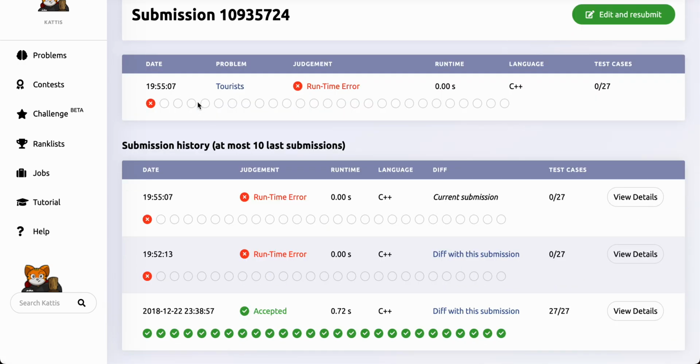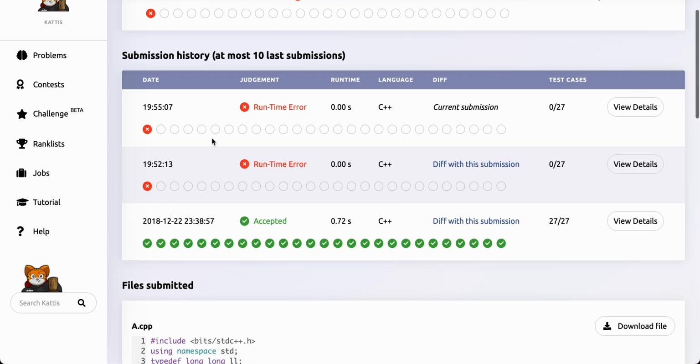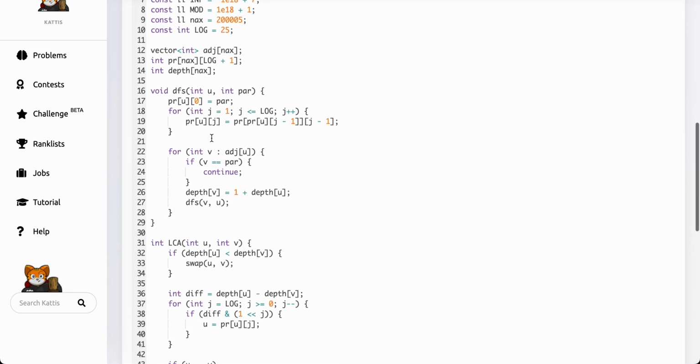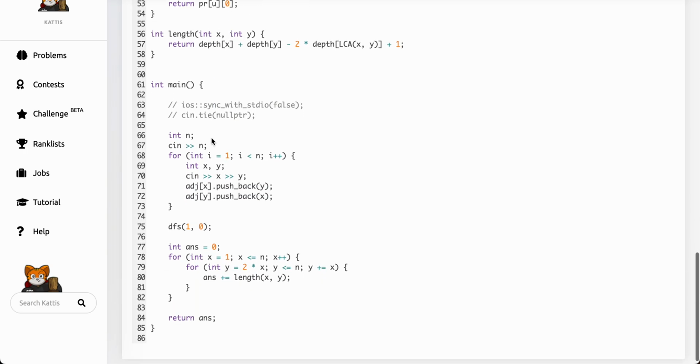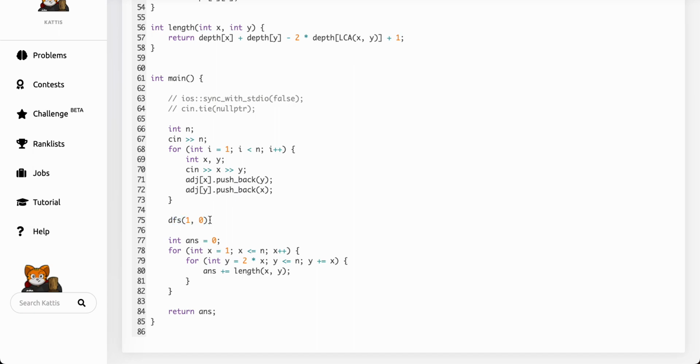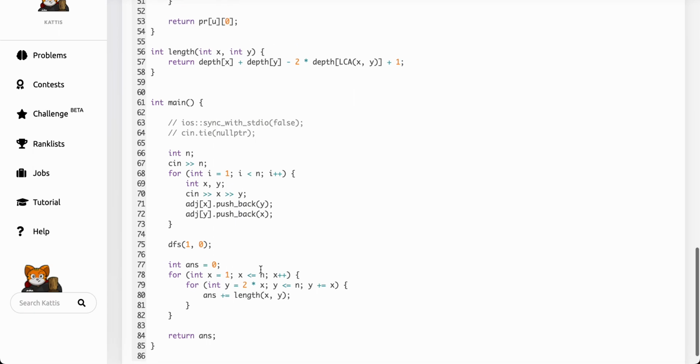Okay, runtime error. Why runtime error? I'm reading n, and reading n minus 1 lines also. x and y: x push back y, y push back x. Calling the DFS, x from 1 to n. Length of x and y.